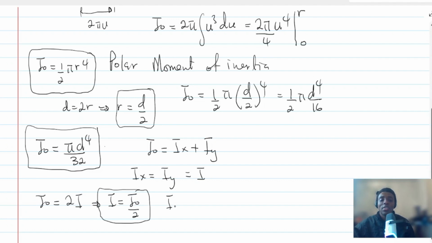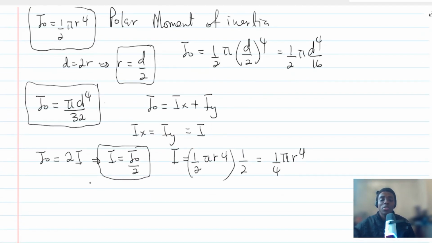So the area moment of inertia I for a circular cross section is 1/2 pi r4 halved again, which gives 1/4 pi r4 in terms of the radius.